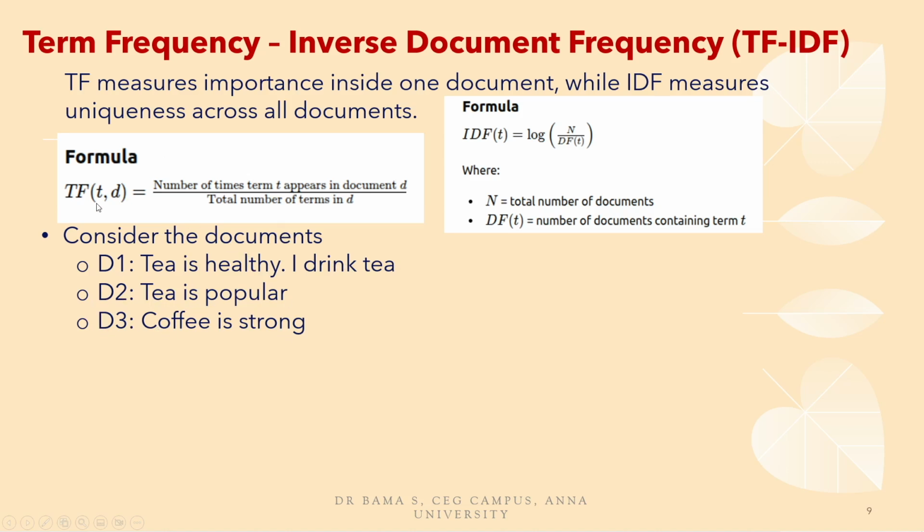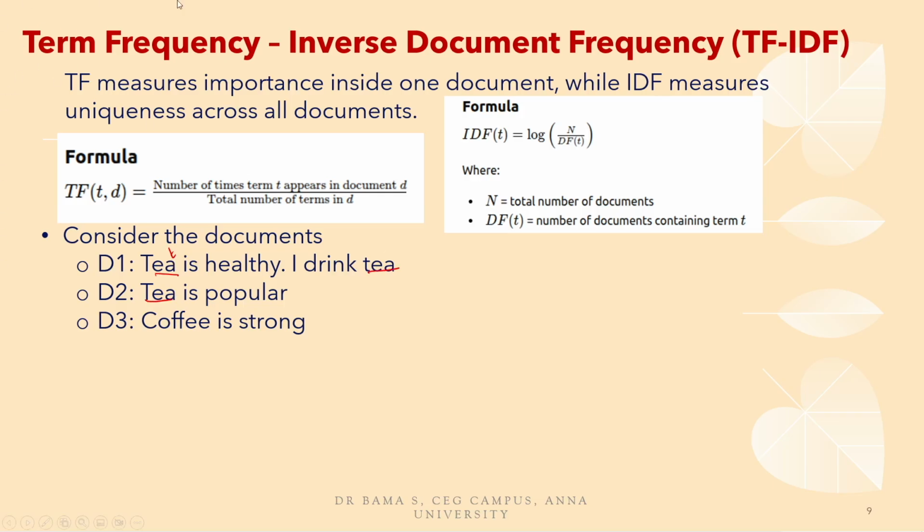If you see the term tea, a term is a particular word across the documents. Suppose we say the term is tea. Across these three documents it occurs three times: the first time here, the second time here, and the third time here.